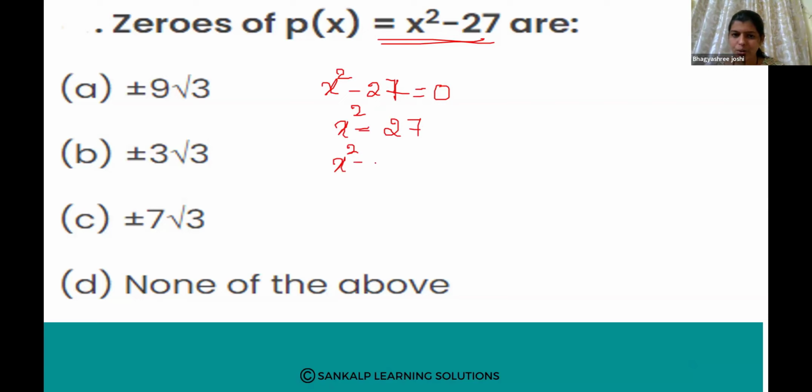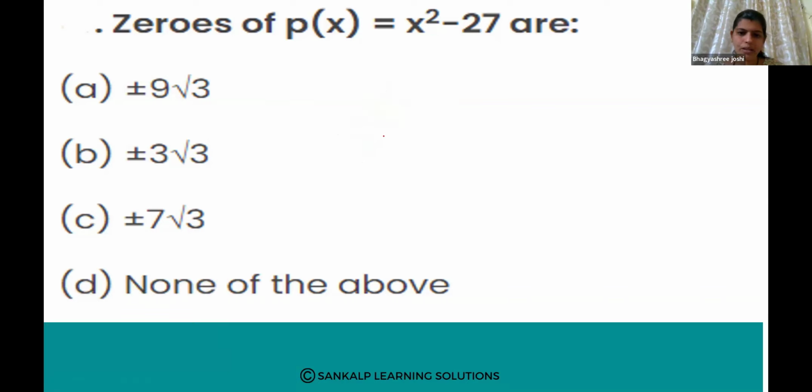x square equal to 27, so x equal to square root of 27. Then what is the value of x? x is root 27. When x square is 27, how do we find x? We take the root.